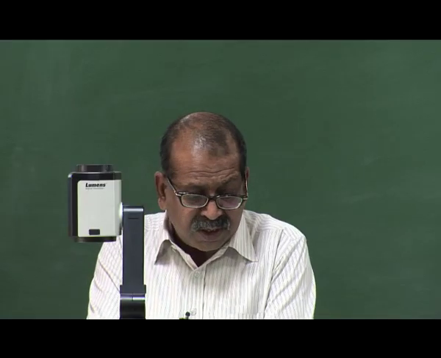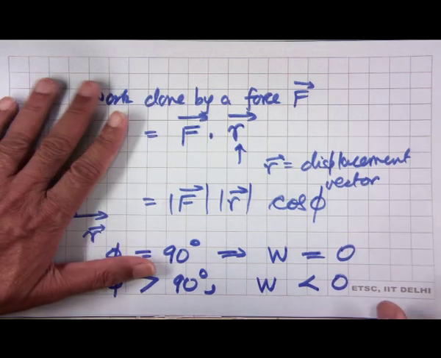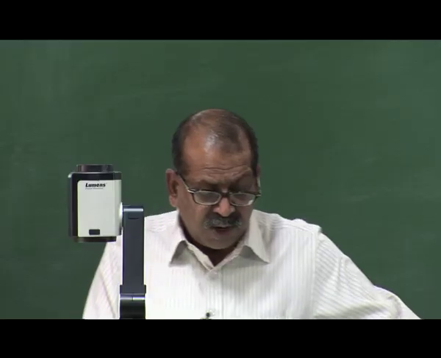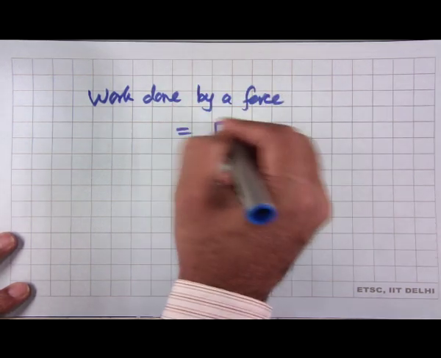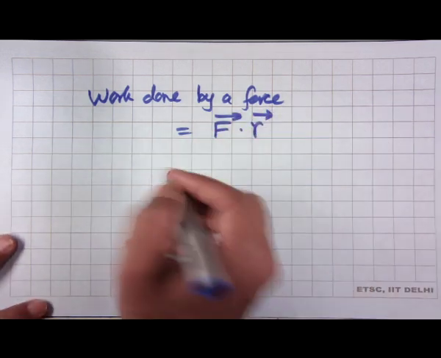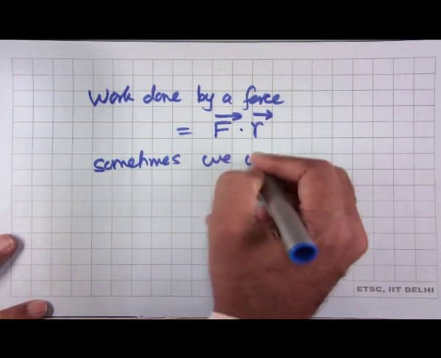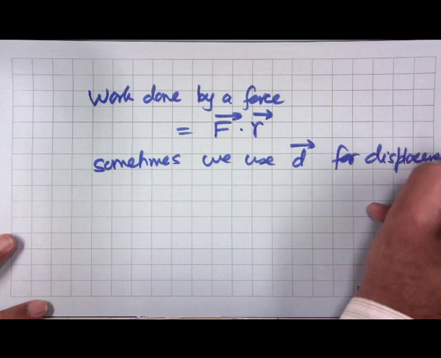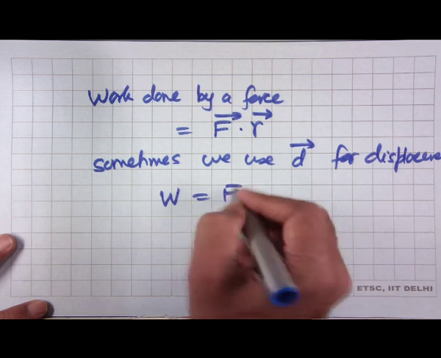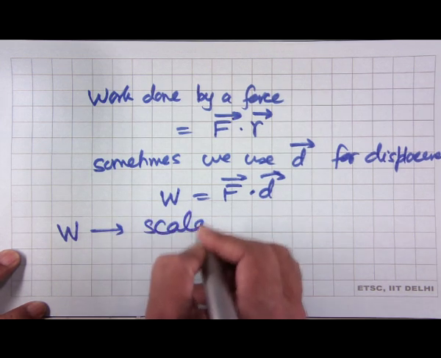So, this is how we define work done by a force in a generalized way. Work done by a force is equal to F dotted with R. Sometimes we use the vector D for displacement, and if we do that, then work done will be equal to F dotted with D. Now, work done is a scalar.